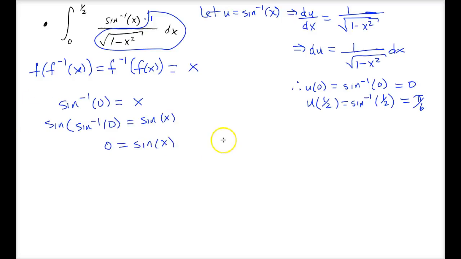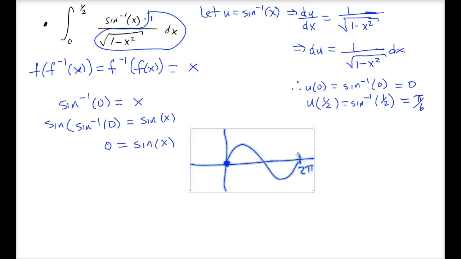And if we're looking at the graph of sine, it looks like this. At 0 degrees, 0 radians, we know that sine is equal to 0. And it's the same here at 2 pi as well, but we're looking only within quadrant 1 or quadrant 4. And the reason for that is the following.